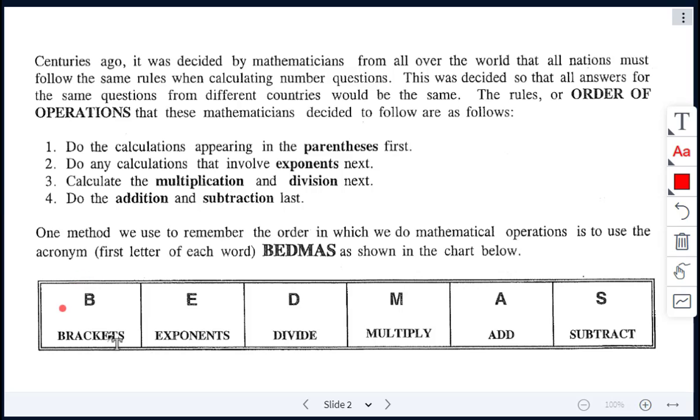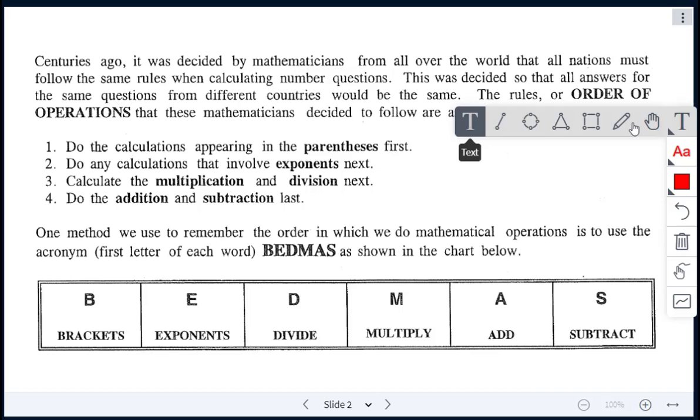So first is brackets. Brackets are also called parentheses. All right, so brackets are always first. So anything in brackets you would do first. Next are exponents, and I'll talk about exponents a little bit more. After that, you can do division and multiplication next.